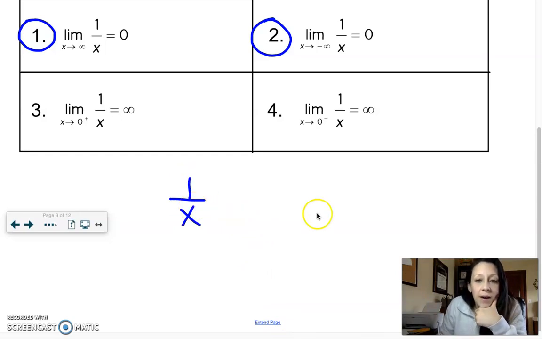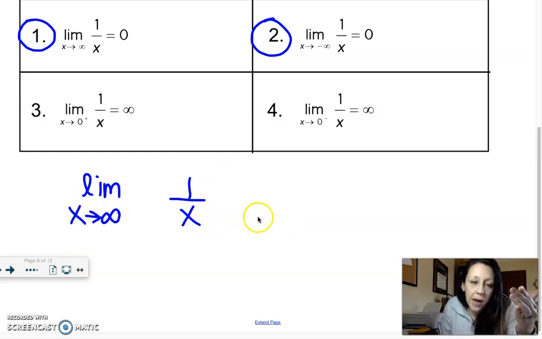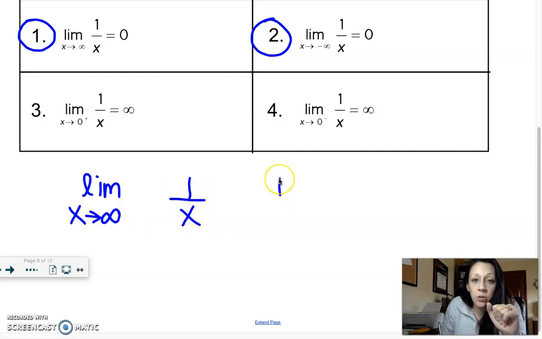So if I say take the limit as x approaches infinity for this function, in your head, the way you would do that is you would be thinking about what would happen to 1 over x when I put really big numbers in place of x, right? So what if I put in 100? What would that equal? 0.01.